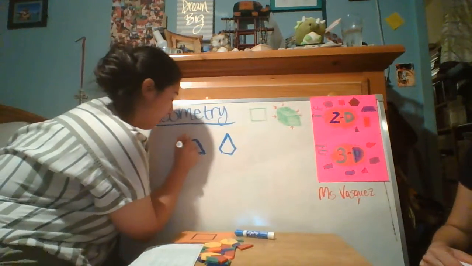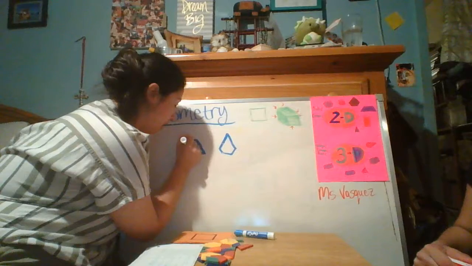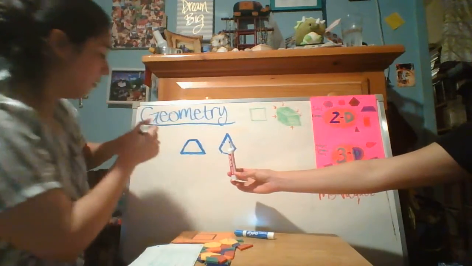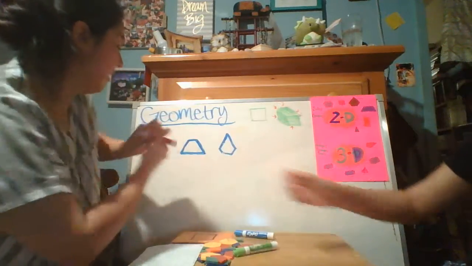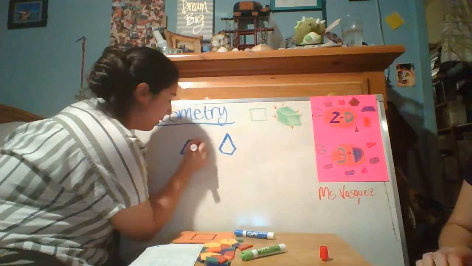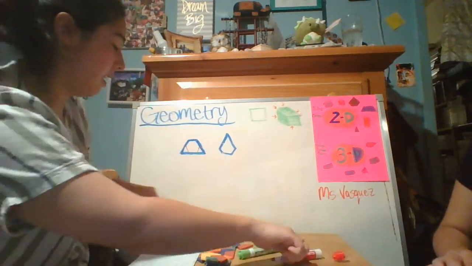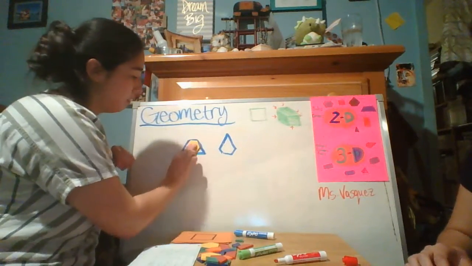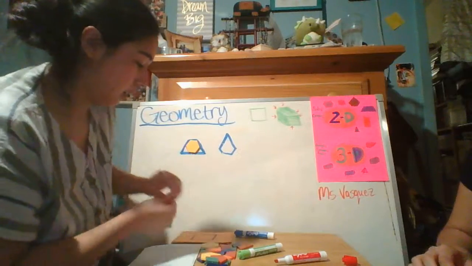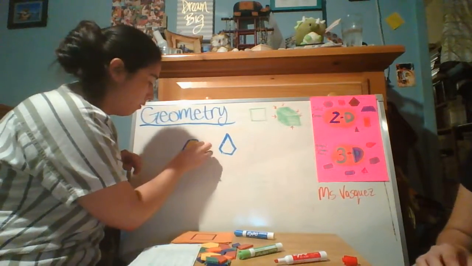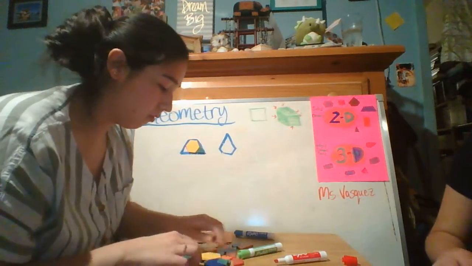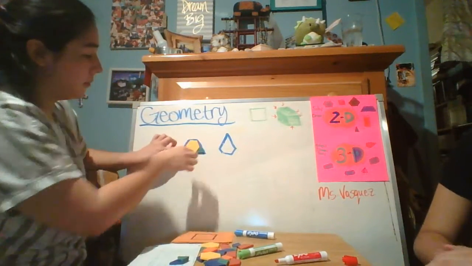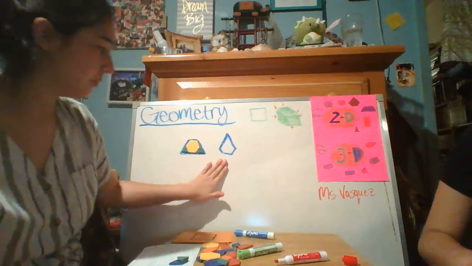So here, let's see, we have a triangle. We have 2 triangles and a pentagon. So here is our pentagon, and then our 2 triangles that make up our trapezoid.